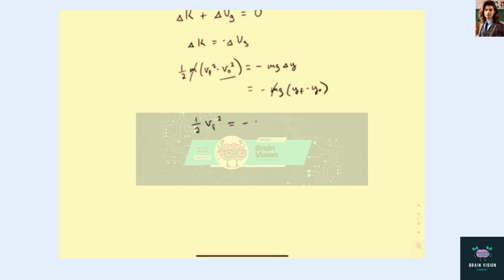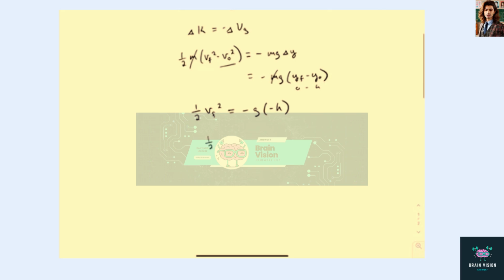So this is going to be minus g times minus h, because we have 0 minus h here. So now we get 1/2 times vf squared equals gh. So vf squared equals 2gh.